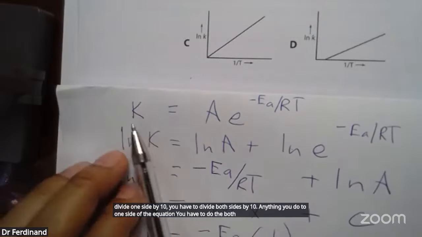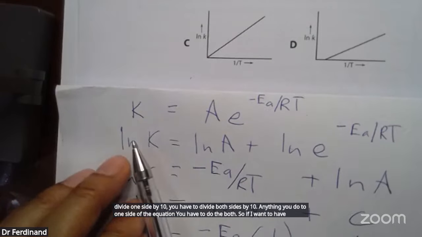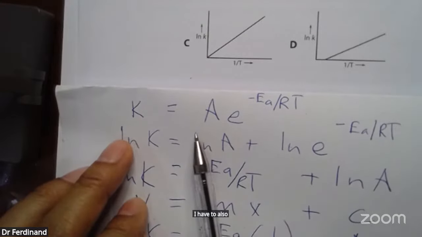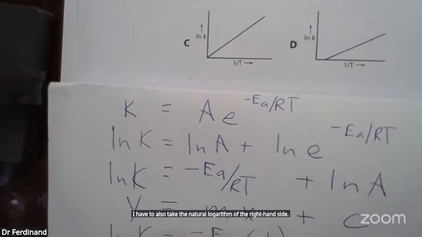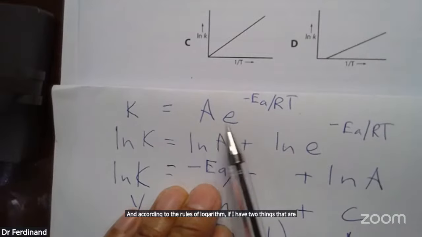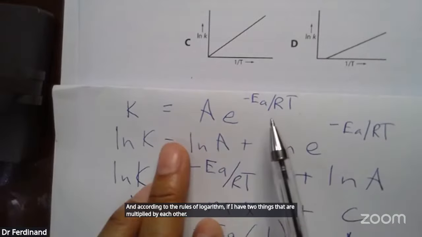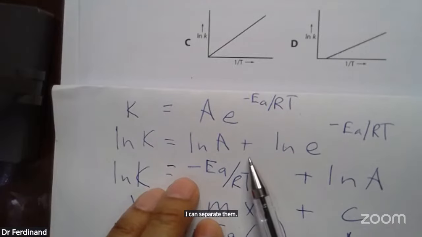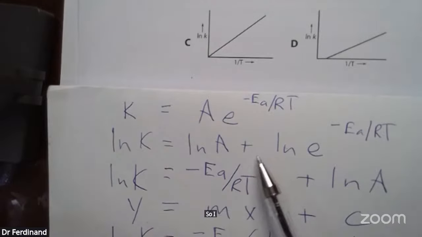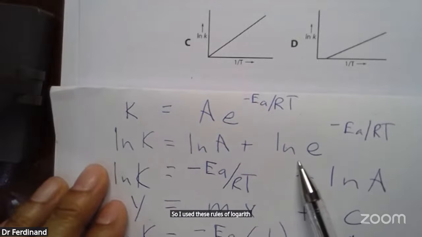So if I want to have ln K on the left-hand side, I have to also take the natural logarithm of the right-hand side. And according to the rules of logarithm, if I have two things that are multiplied by each other, I can separate them and add them as logarithms. So I used these rules of logarithm to get to this second line.